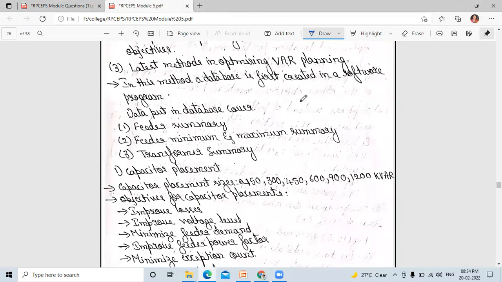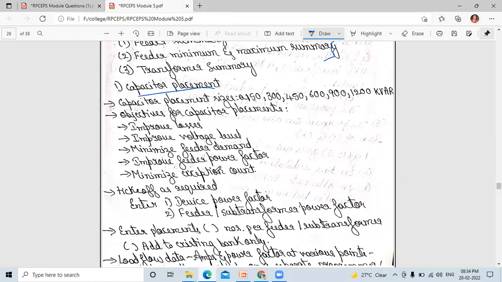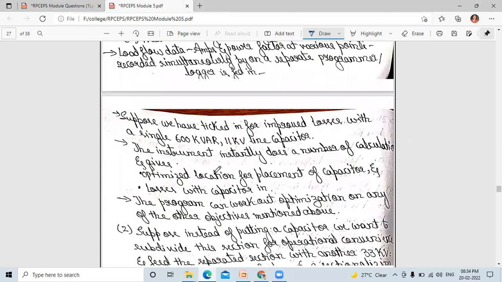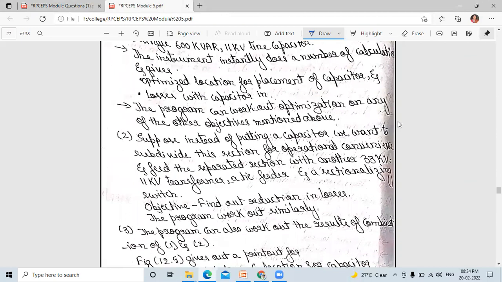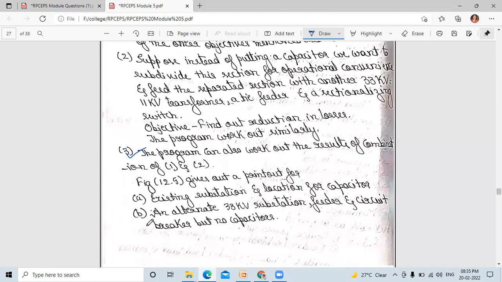You need to mention these 3 points, and they have explained capacitor placement. Suppose instead of putting a capacitor, we want to subdivide the section for operational convenience. This point you write, and this third point you write. This is enough for 10 marks.